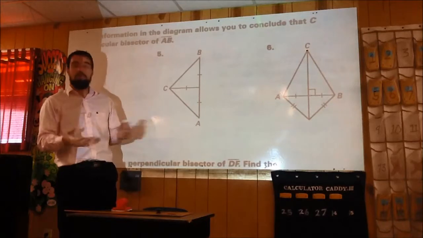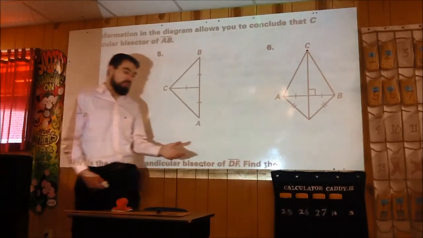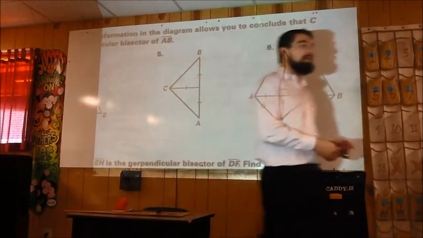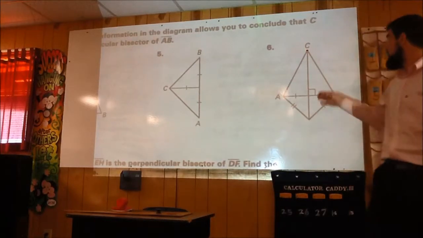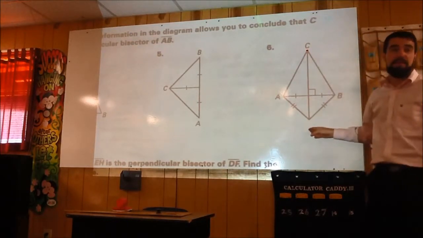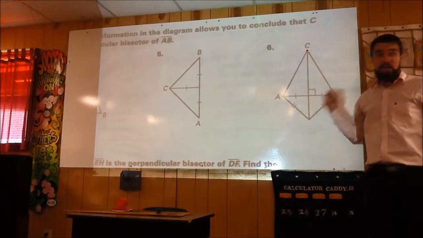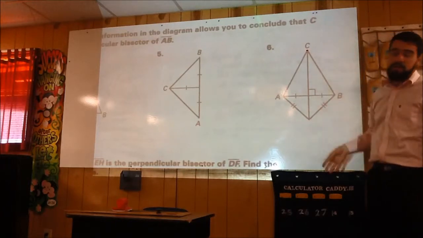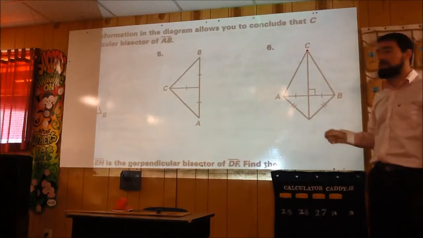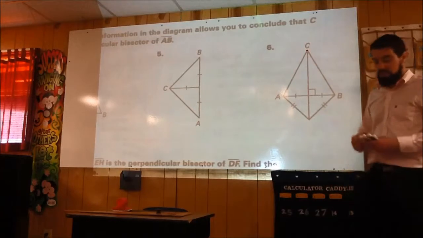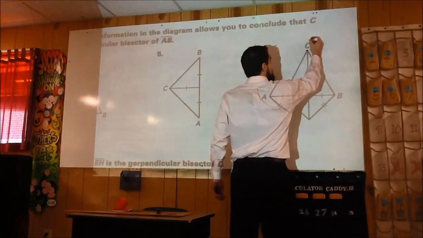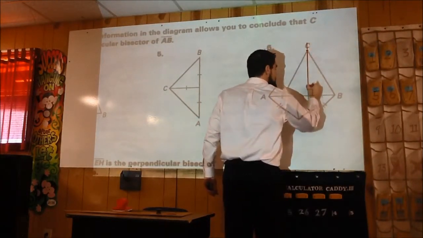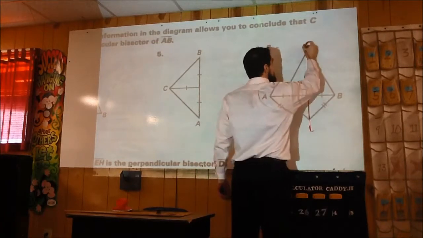If you can't prove it that way, then the other way is to show that this segment is the perpendicular bisector, and it's clearly on that. Is there enough information to prove that this is the perpendicular bisector?